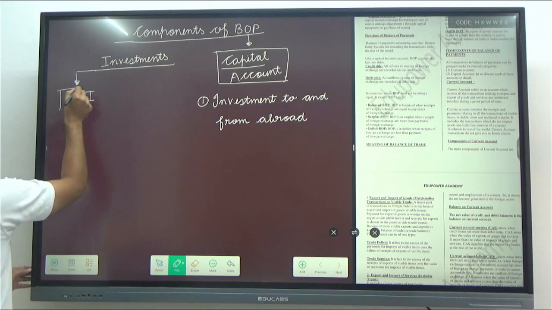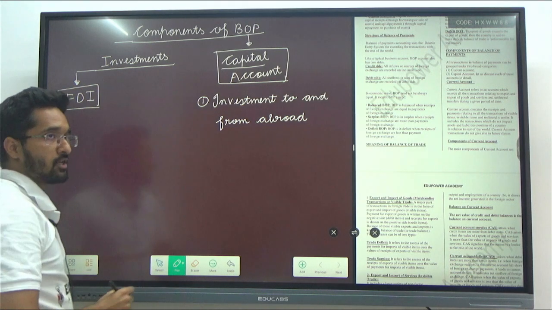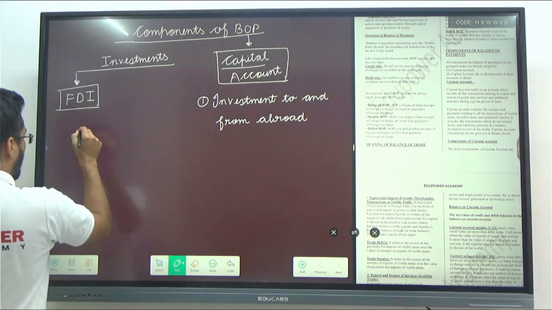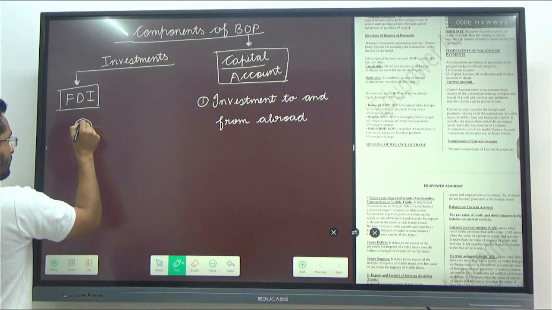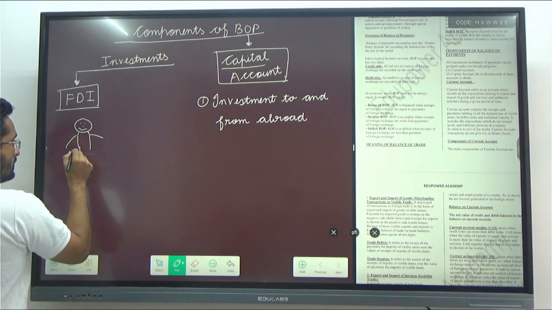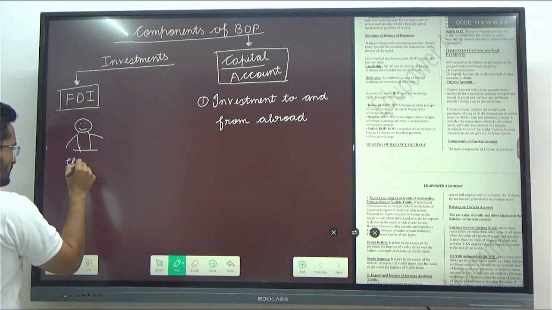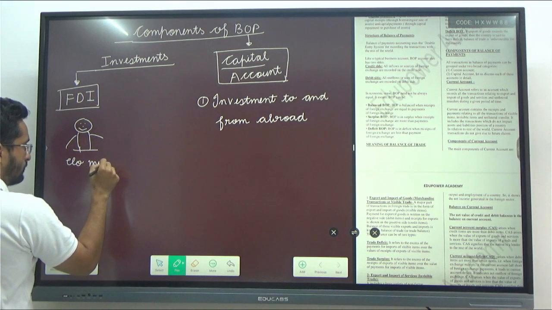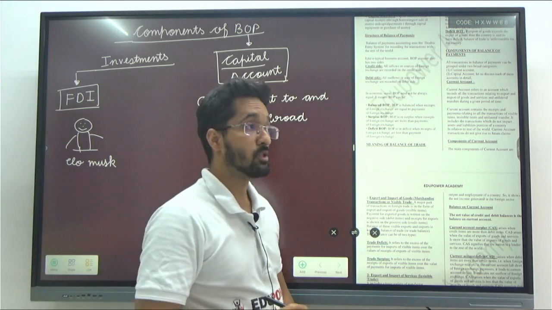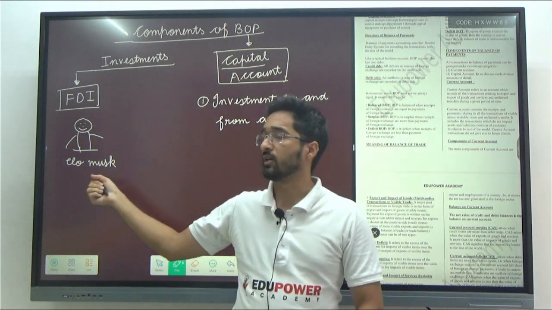What is FDI? FDI means foreign direct investment. For example, we have Mr. Elon Musk, the founder of Tesla.